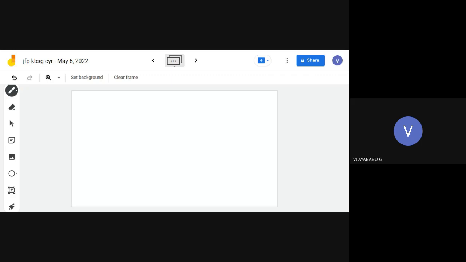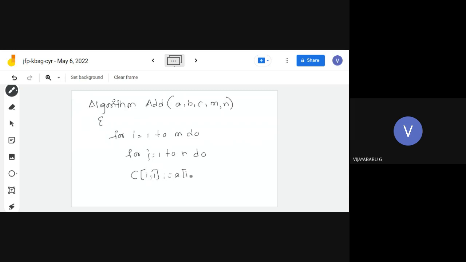And coming to that, if I take an algorithm like this, I'm going to add two matrices A, B, and the resultant matrix is going to be stored in matrix C. The for loop for i is equal to 1 to m do, and again for j is equal to 1 to n do, and here C of ij is equal to A of ij plus B of ij.